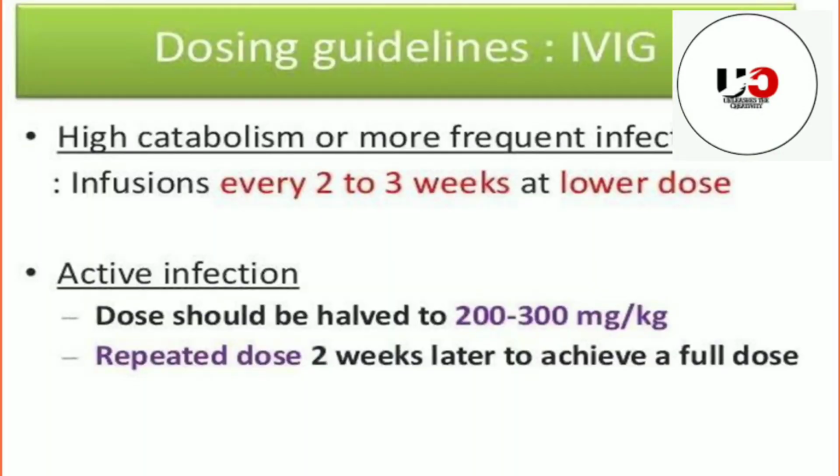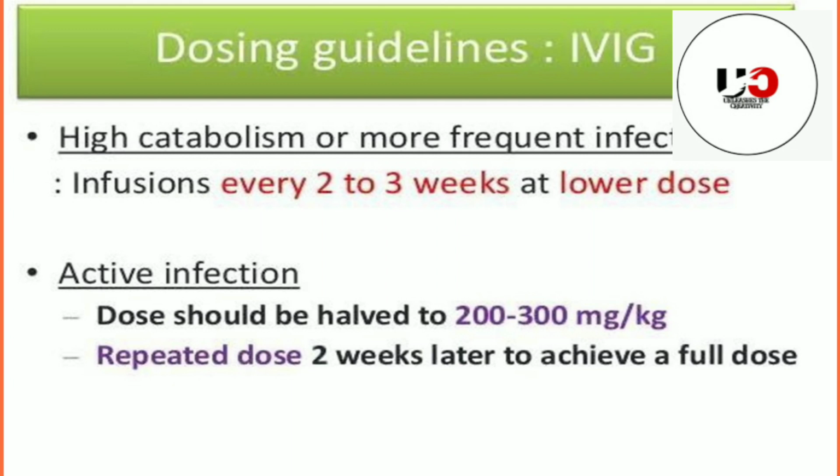Now we will move to some of the dosing guidelines of IVIG therapy, or how frequently a patient should require IVIG therapy based on their infection status, symptoms, or criteria. The first one is if it is a high catabolism or more frequent infection, the patient should require it every 2 to 3 weeks at a lower dose, which means the IVIG should be repeated every 2 to 3 weeks at a lower dose.